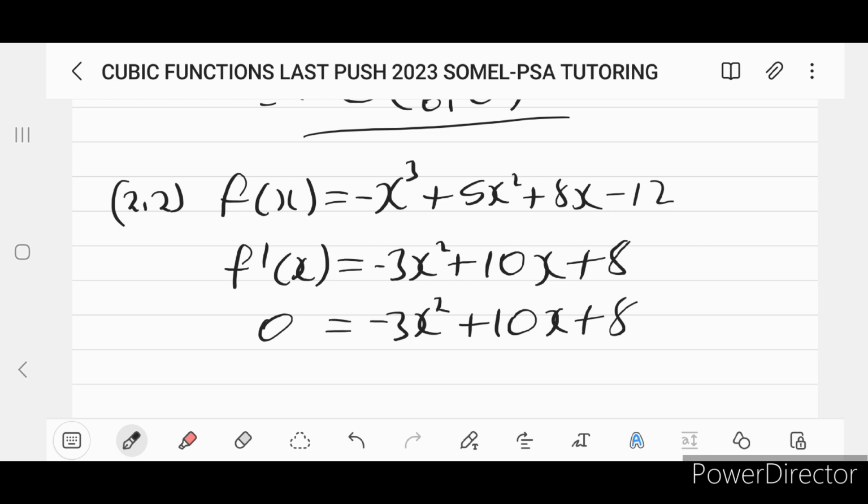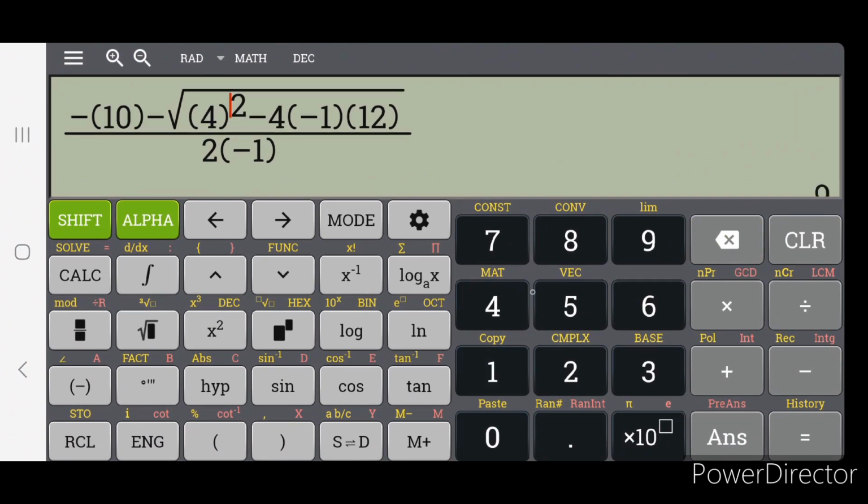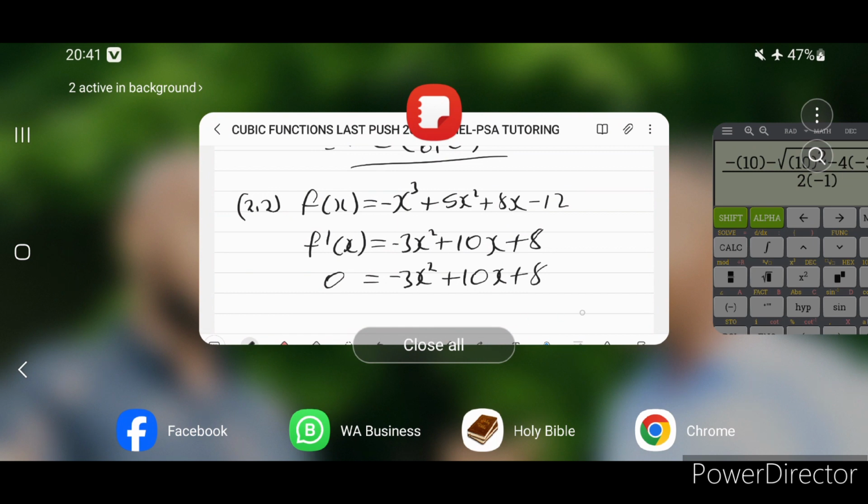Therefore, you put that in the quadratic formula as well. So my b at this point is 10, and then my a is minus 3, and then my c is 8.